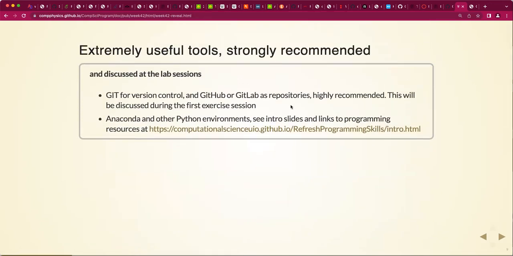Also, for some of you who were not too familiar with Git and GitHub or GitLab, we discussed that a little bit in the morning. We expect that you are familiar with that. When it comes to Python environments, Jupyter notebooks are pretty standard. And Jupyter stands for Julia, Python, and R. You can run R code in Jupyter notebooks if you prefer that, if that's closer to what you've seen before.